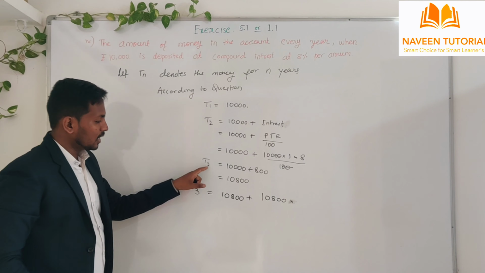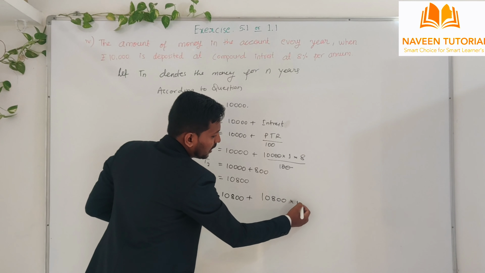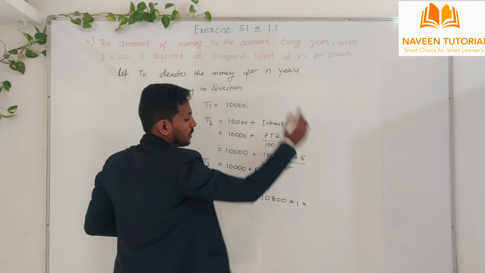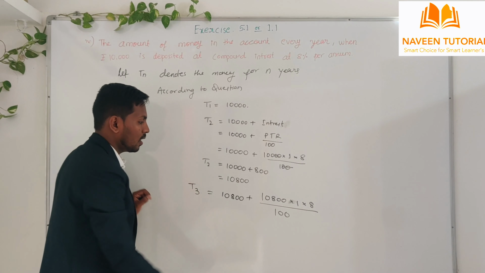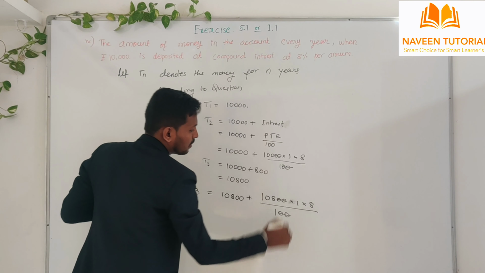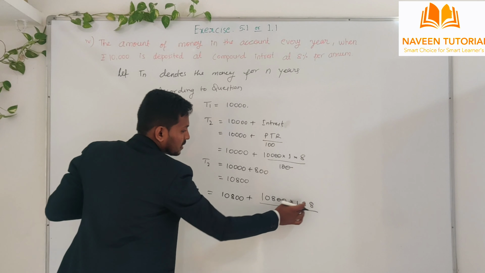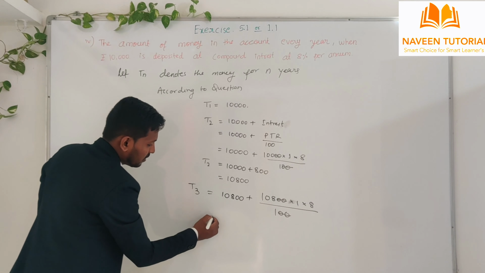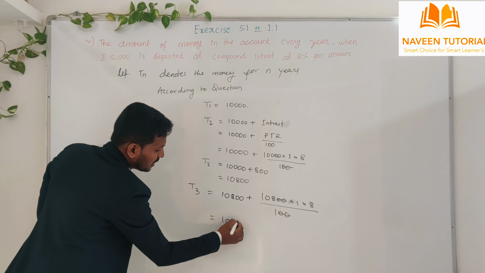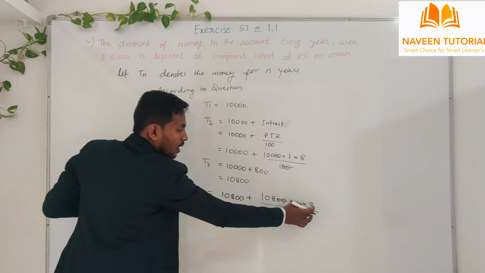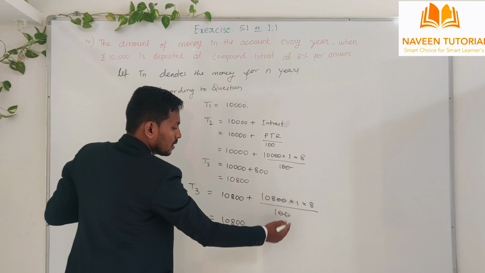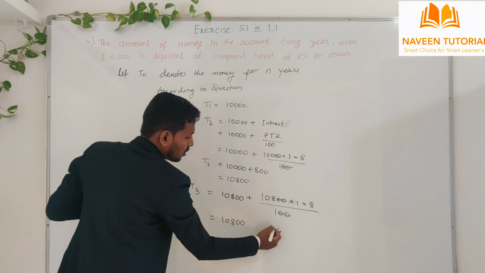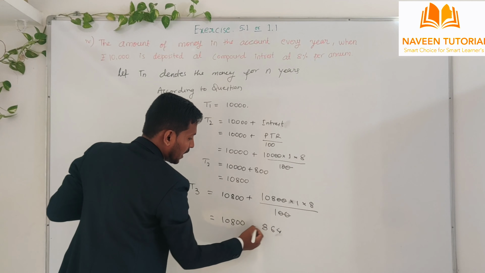here again for the next year T3 we have year 1. So then rate of interest is same, that is 8 whole divided by 100. Now 00 just cancelled. So 8 ones are 8, then 8 8s are, okay, first you have to write down 10,800 as it is, then 8 8s are 64, 6 as a carry, 8 0 0, then 8 ones are 8.